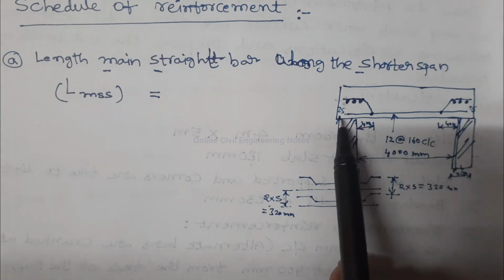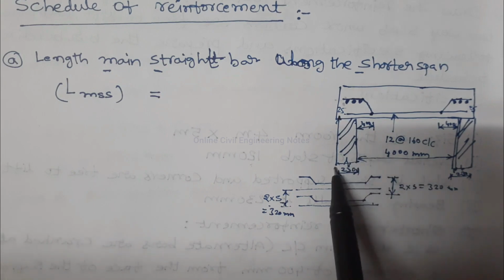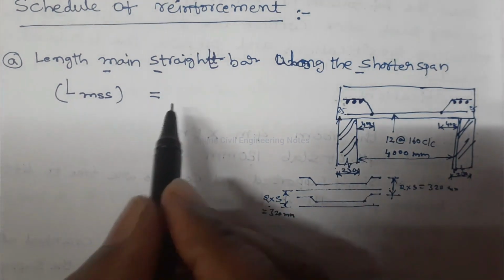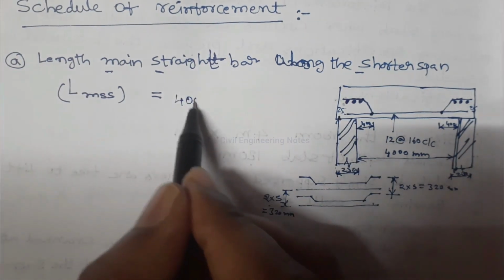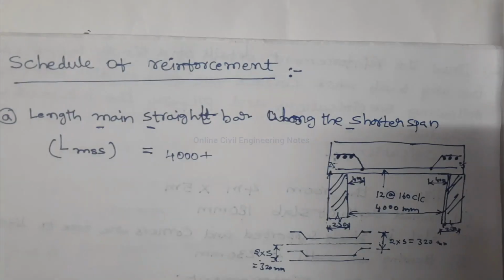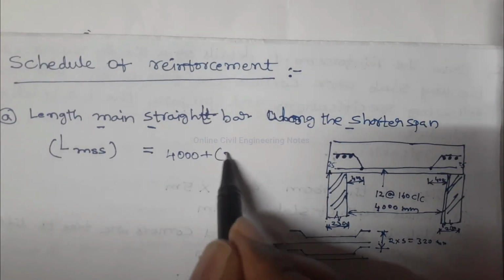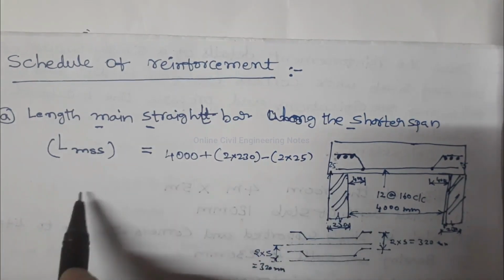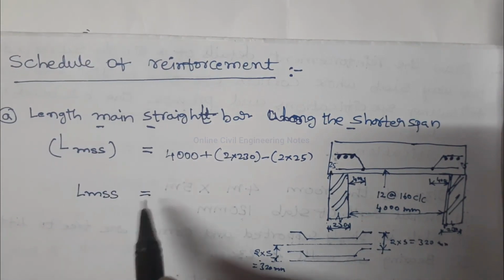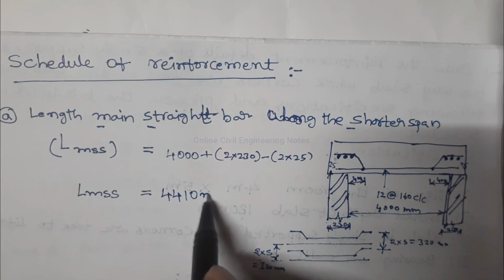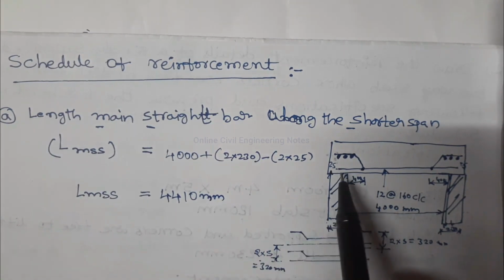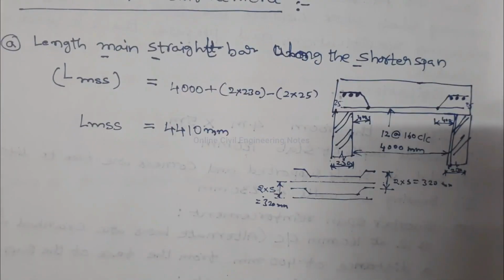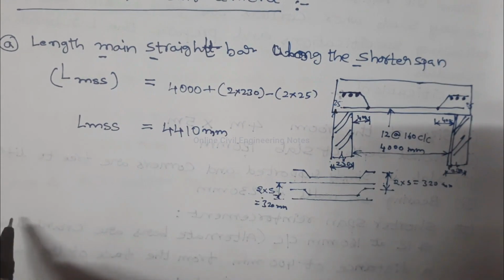Total length of main straight bar is equal to 4000 plus 230 plus 230 minus 25 minus 25. Therefore, length of main straight bar in shortest span is equal to 4410 mm. Now calculate the number of bars required to place along this shorter span.